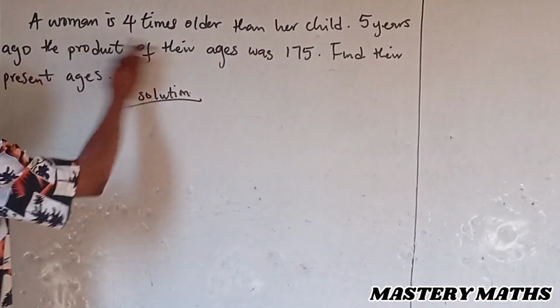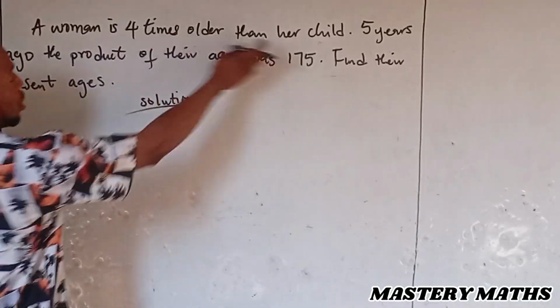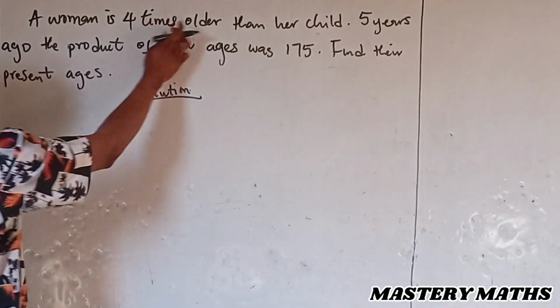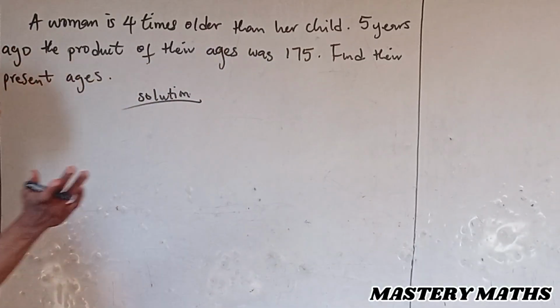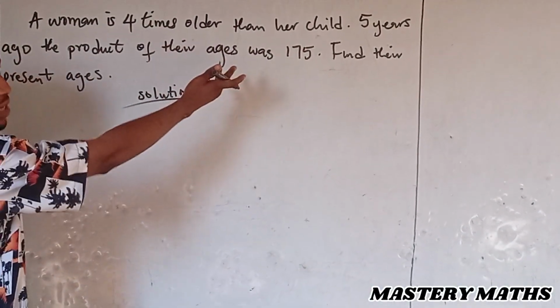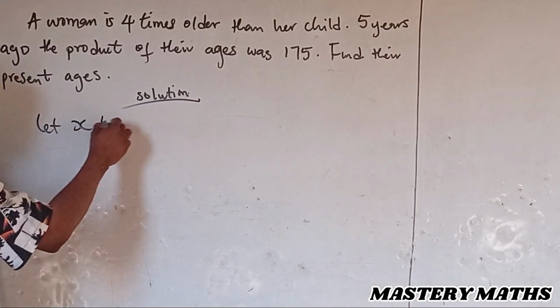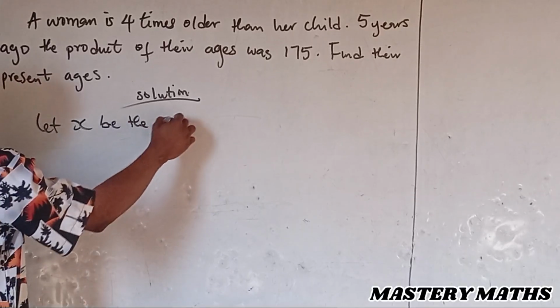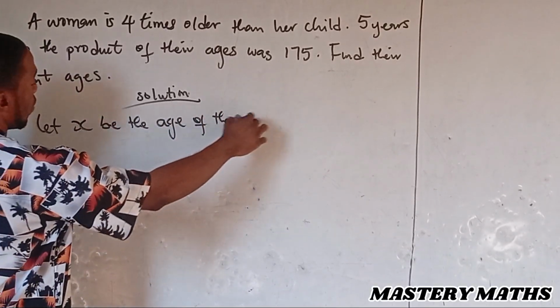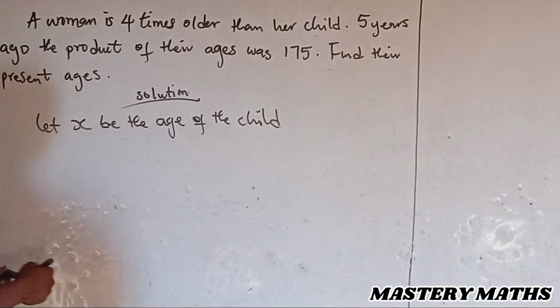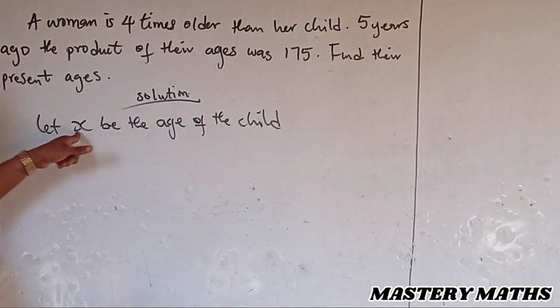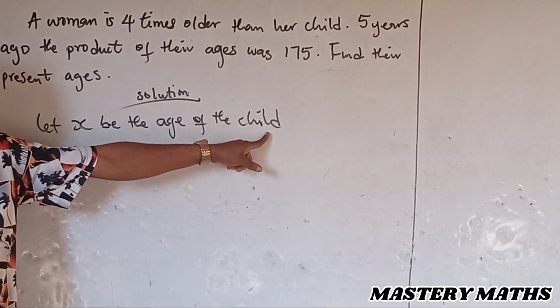The child's age is not shown. The woman is 4 times older than her child. The child's age is not being presented. So we say, let X be the age of the child.